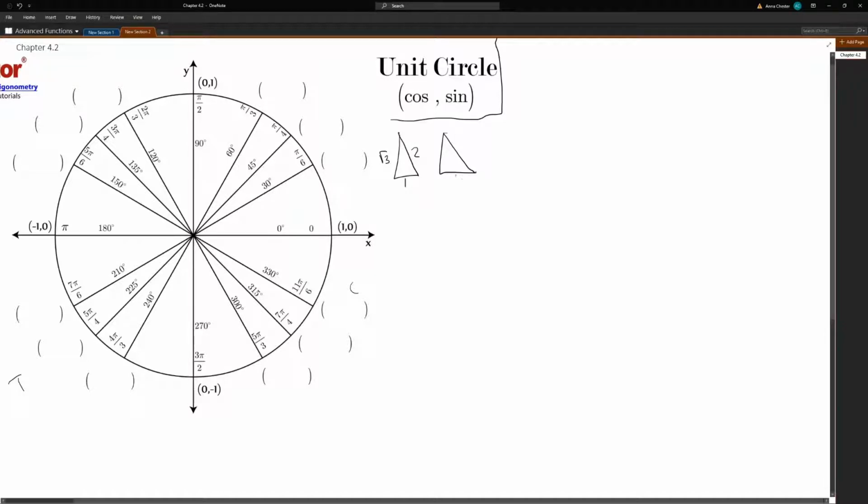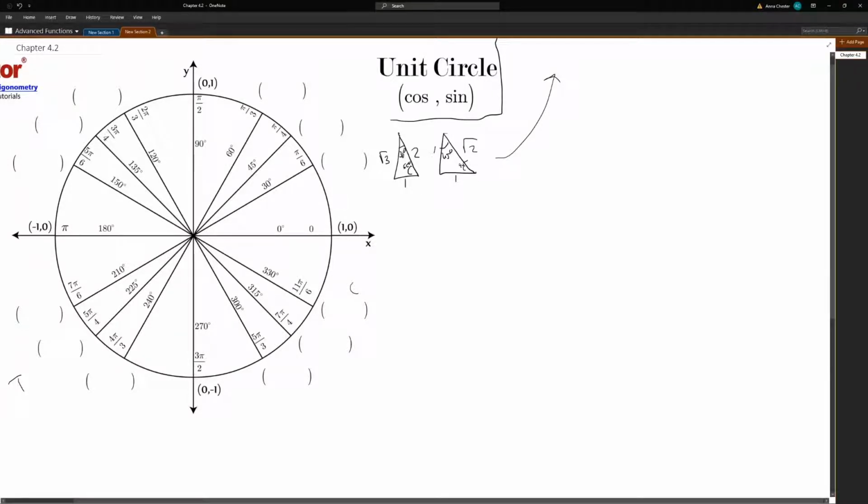Our second one had both sides equal to 1, and the hypotenuse equal to the square root of 2. This was 60 degrees, 30 degrees, and this one was 45 and 45.